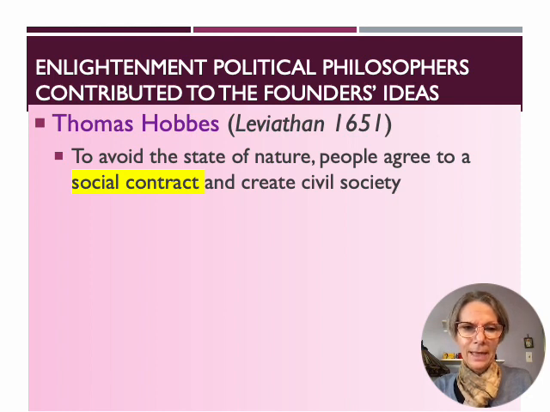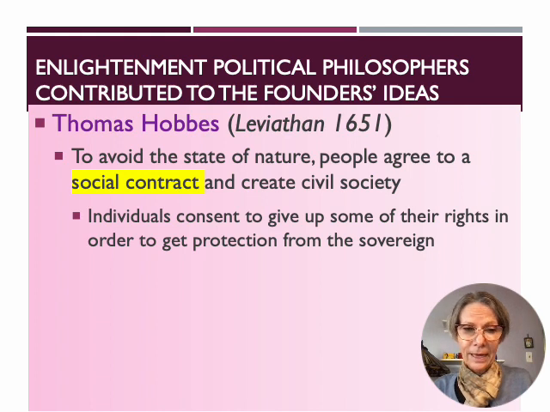And so he says that there's a way to get out of that. The way that you get out of that is that the people agree to this thing called a social contract. And the social contract creates civil society, gets us out of the state of nature. What the social contract is, basically, is that individuals consent to give up some of their rights in order to get protection from the sovereign.